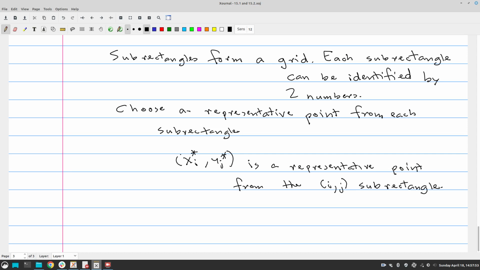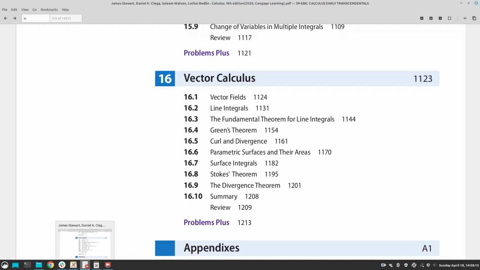However, i can be anywhere between 1 and n, because x is between x0, x1, x2, all the way to xn, and of course j can be anywhere between 1 and m.